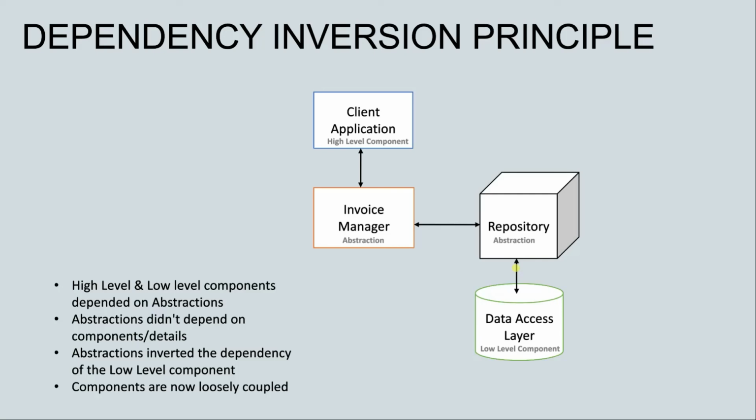So the details are also dependent on abstractions, and abstractions never depended on details here. These abstractions, invoice manager and repository, have removed the dependency, and we call that dependency inversion. When we are inverting something, we call it inversion. And now these components are loosely coupled.